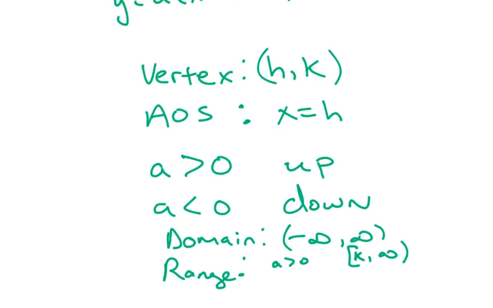Because it's opening up, and if it's opening up, k represents the minimum value, so it would be from k upward. But if it's negative, now we're going down, so what do you think is going to happen? Well, k actually represents the max value, and this would be negative infinity. So in a nutshell, this is all you really have to know in order to answer these questions, right?